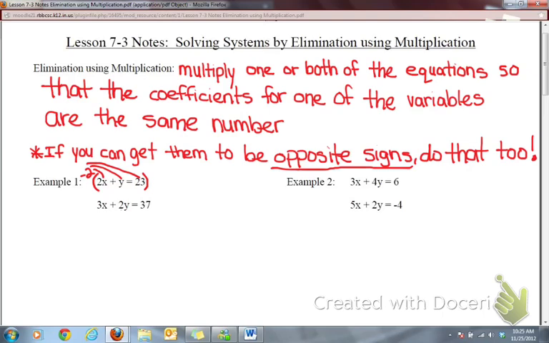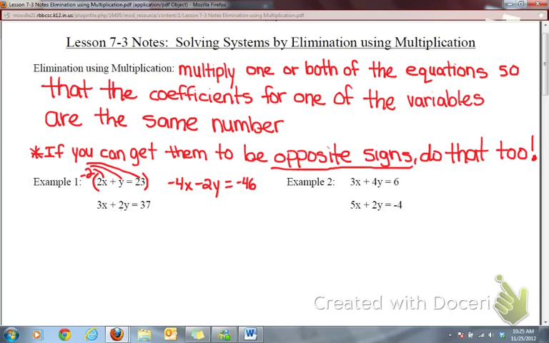They'll eliminate. So off to the side, I write my new equation. As I distribute, that's going to give me a negative 4x, and then a negative 2y, and now it's going to equal, instead of 23, negative 2 times 23, which is negative 46.